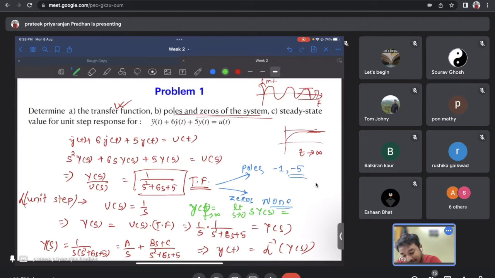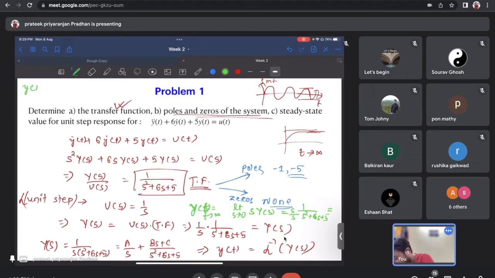What will you get? s into 1 by s into 1 by s square plus 6s plus 5. Can I get the value from someone? Any one of you? What is the steady state value? Or I can write it here.